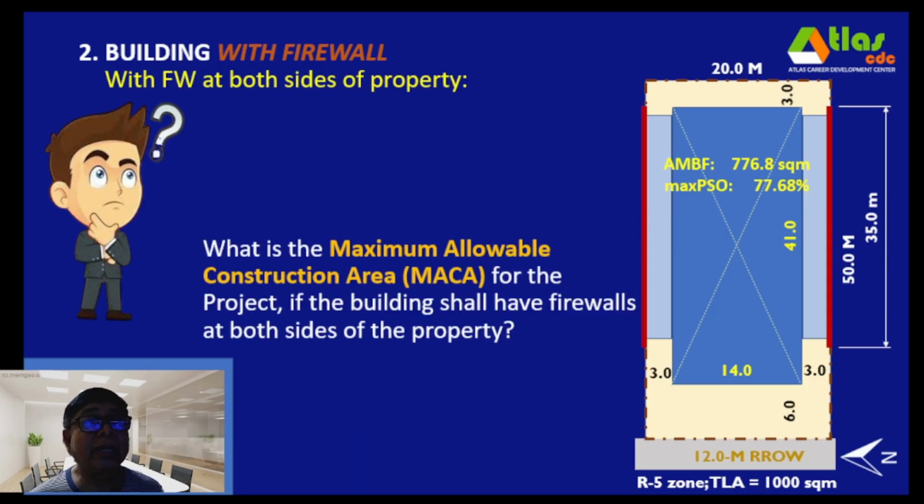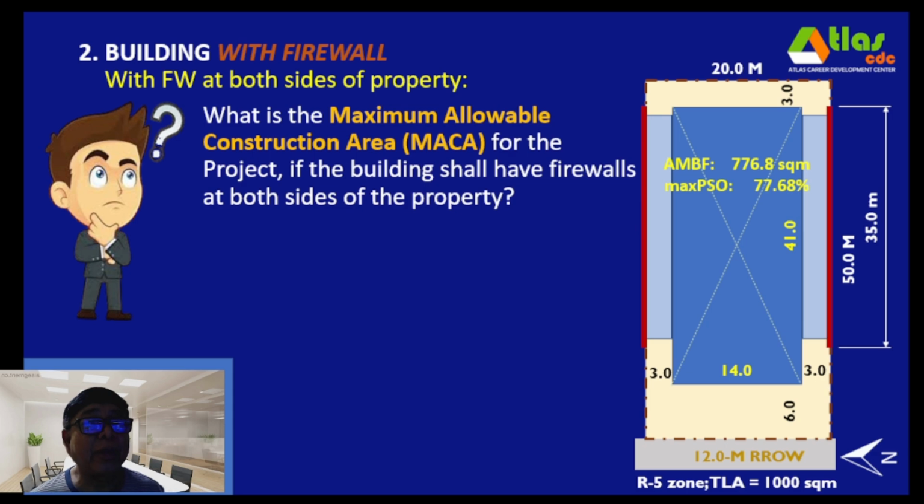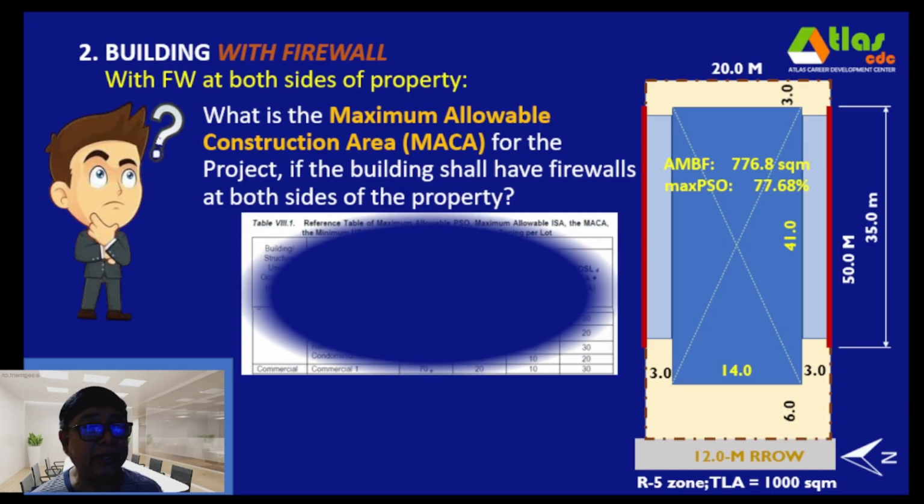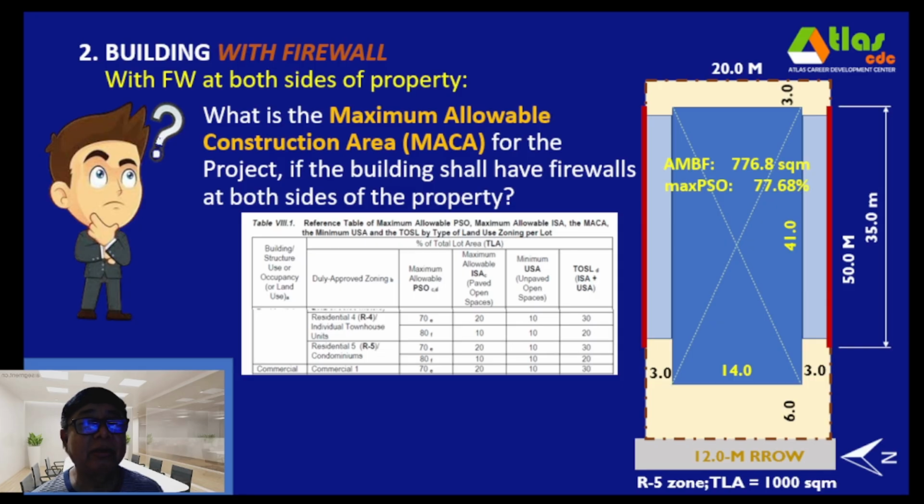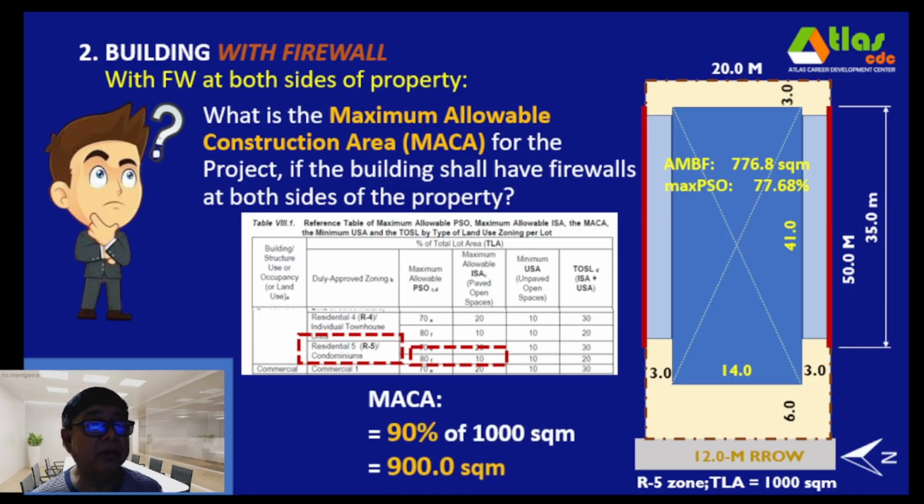And we go to the maximum allowable construction area, or MACA, for the project if the building shall have firewalls at both sides of the property. So our reference again is also table 8.1. We only have to add the maximum PSO value there plus the maximum ISA value in the table. So that will give you now 90% of the TLA, or 1,000 square meters, will give you a MACA value of 900 square meters.